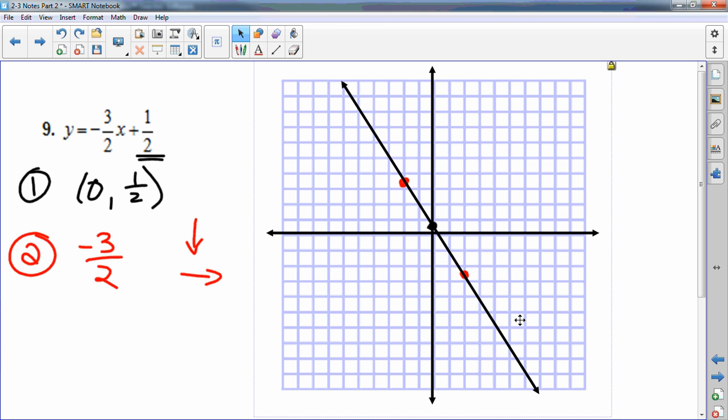And there's my graph. Use your ID or a piece of paper or something and make it straight. An ID is about the perfect length to make it straight.